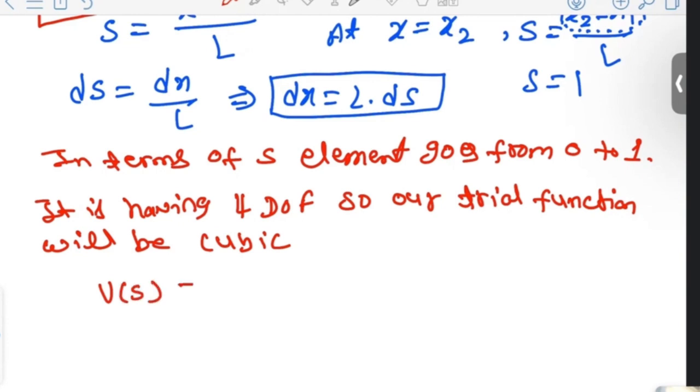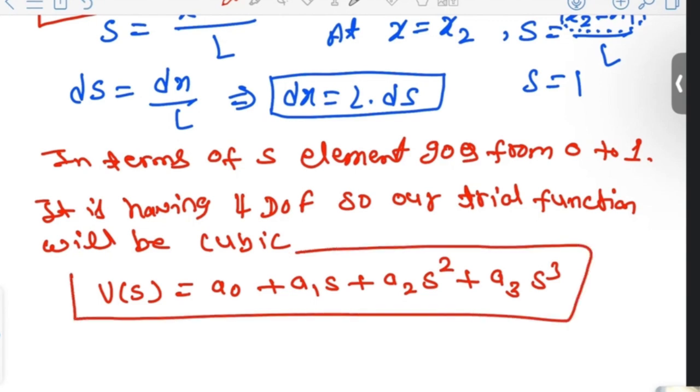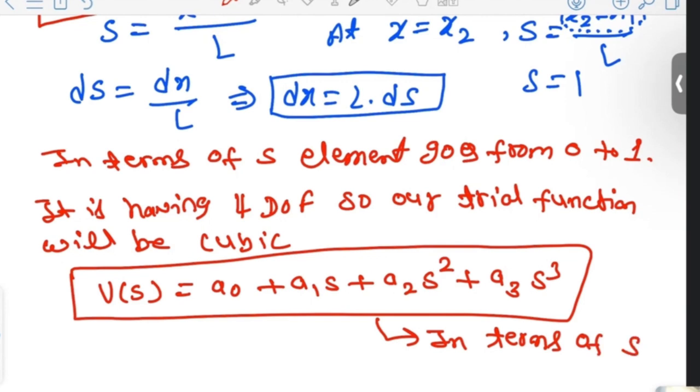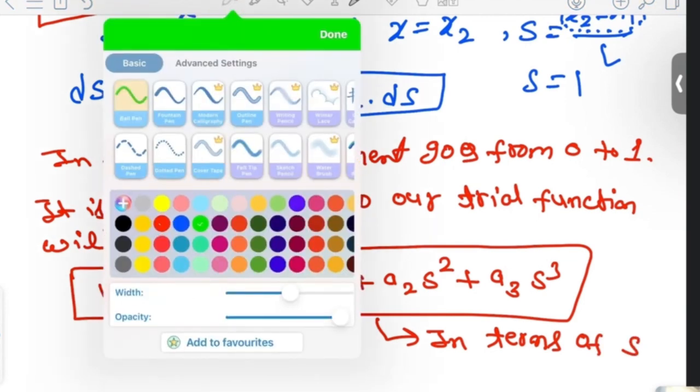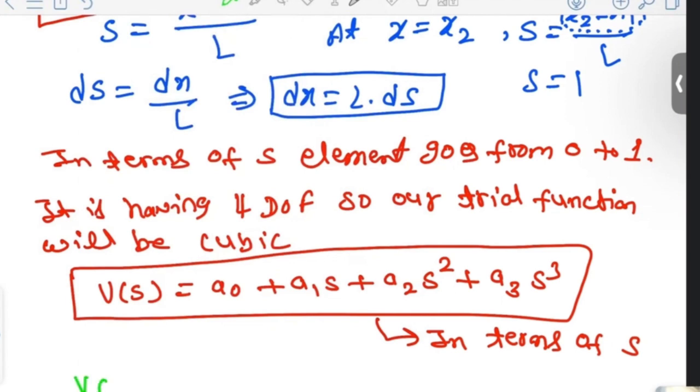V in terms of s equals A0 plus A1 s plus A2 s square plus A3 s cube. This is in terms of s.